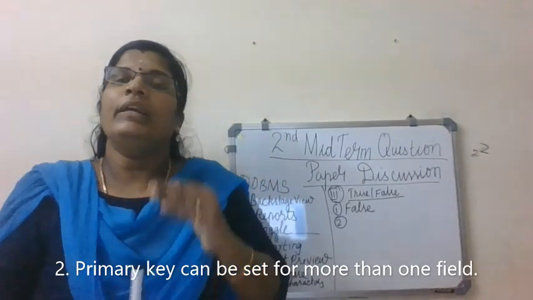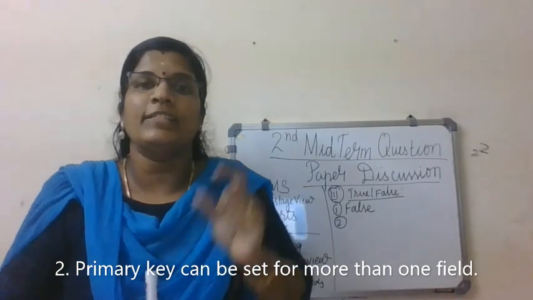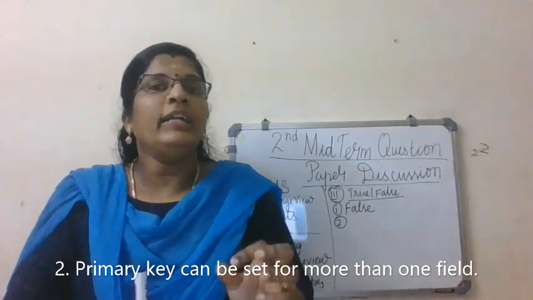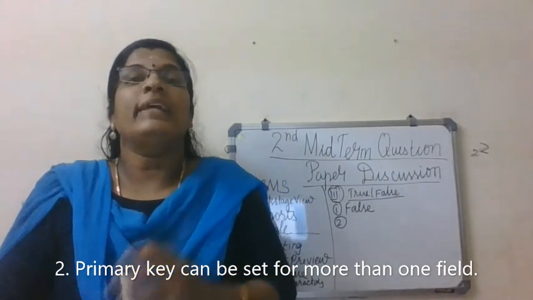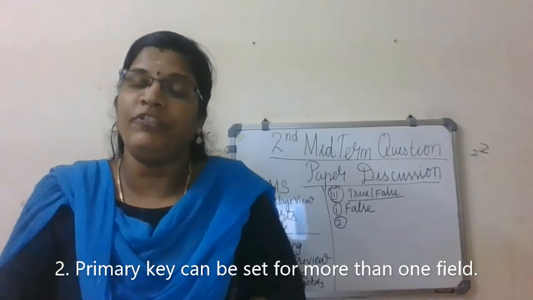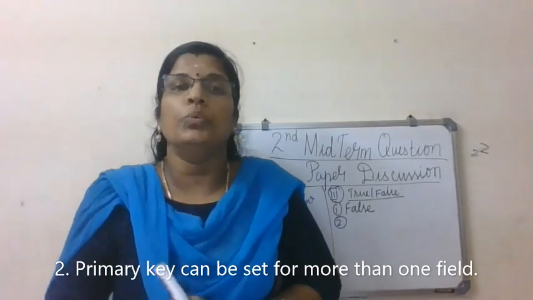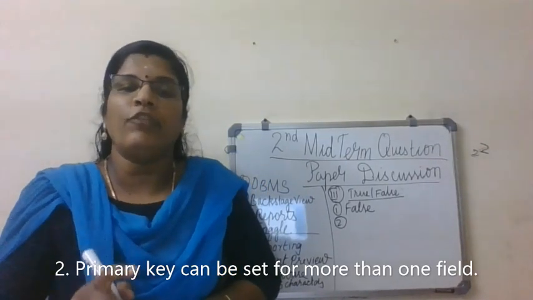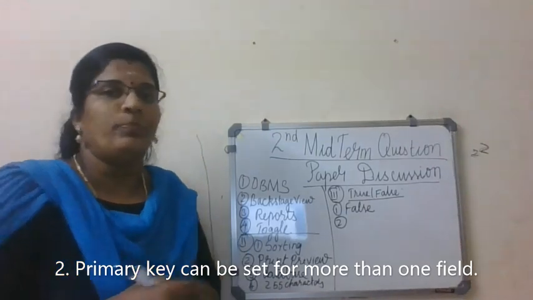In the textbook itself, the second line for primary key says a primary key is a field or set of fields. That means we can set a primary key for multiple fields. So the answer is, sorry, true.